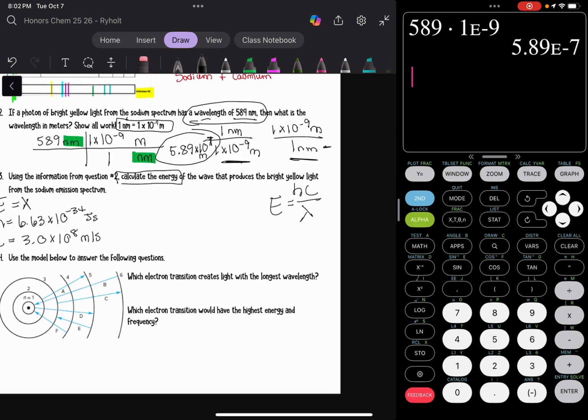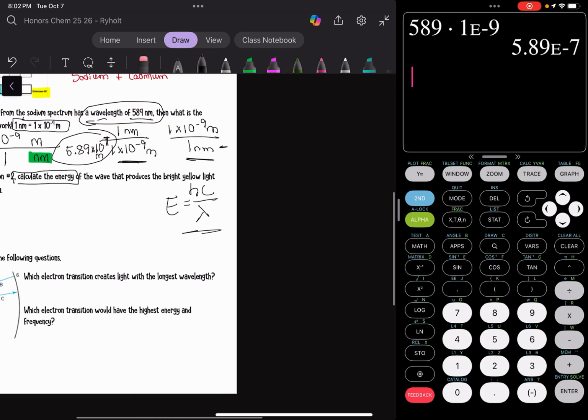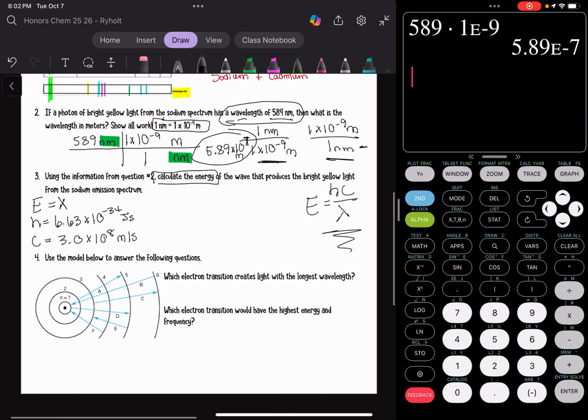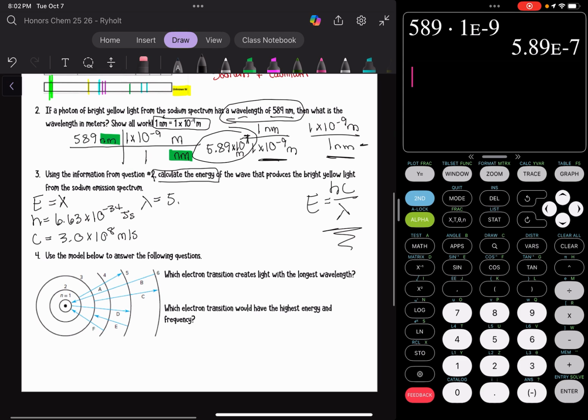We're going to take the number that we calculated in meters. Why? Because the speed of light is meters per second, and we're using it in this formula, so we absolutely must convert it to meters first, which we did. And so now I have wavelength, which is this lambda, 5.89 times 10 to the -7 meters.